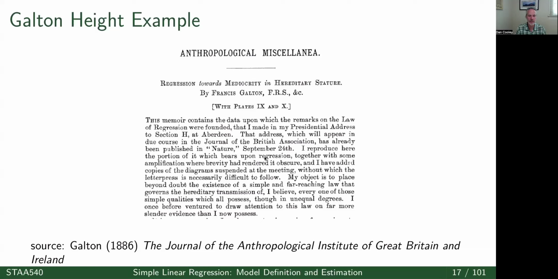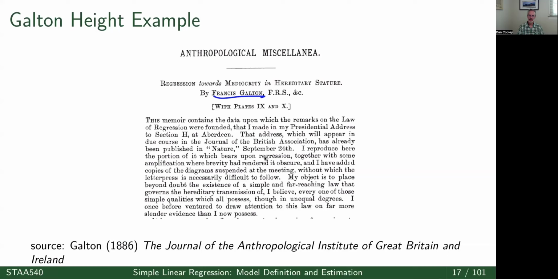So Sir Francis Galton, when he was writing this paper, he wasn't Sir yet. He hadn't been knighted yet, but I'm pretty sure he became Sir Francis Galton. He was interested in this question about how understanding genetics, so how a child's height could be influenced by a parent's height.